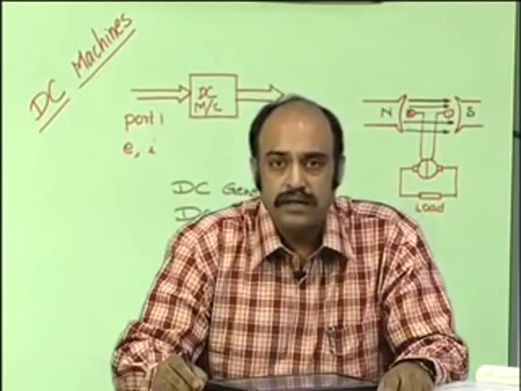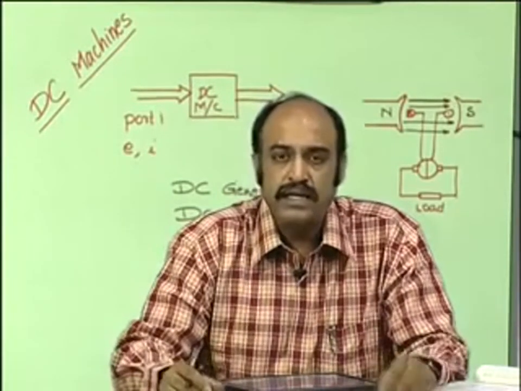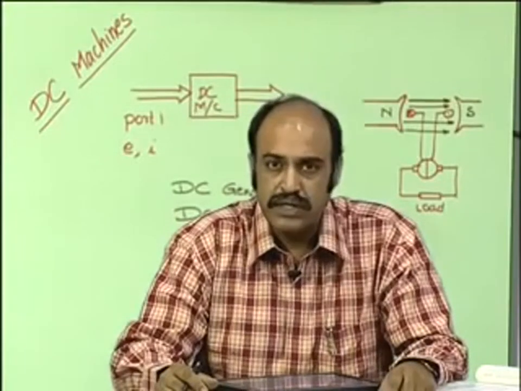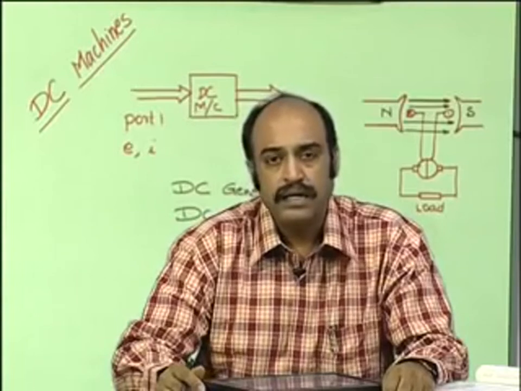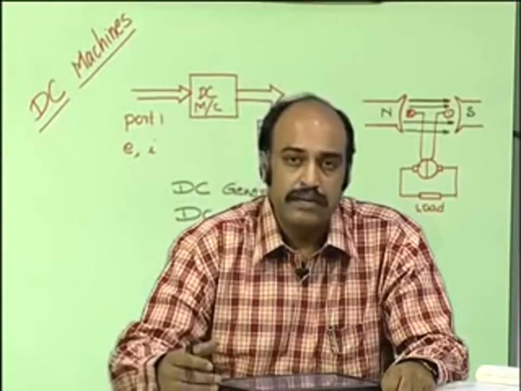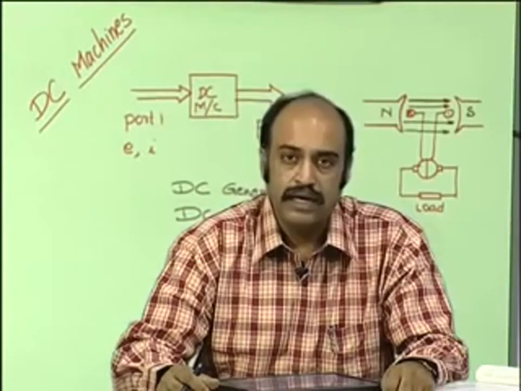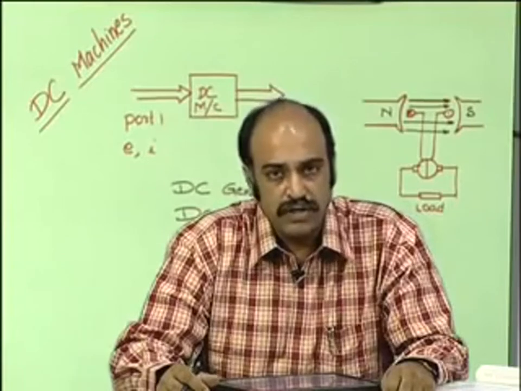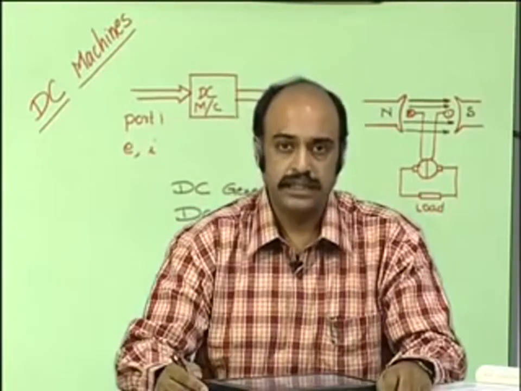We saw that the DC machine is internally an AC machine, with the currents and the voltages being AC signals, and as they come out of the brushes through a commutator, they become unidirectional and get rectified. This we saw in the last class. We will of course consolidate our understanding of the DC motor further in this class.